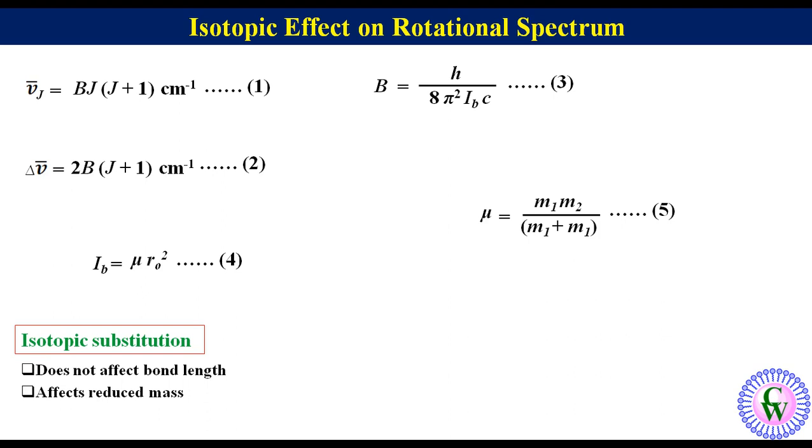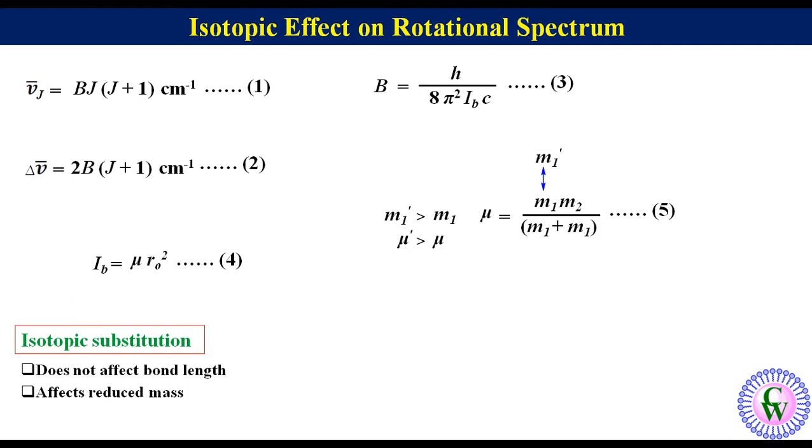Suppose we are replacing one of the two atoms by its isotope, let's say m1 by m1 prime, such that the mass of m1 prime is greater than mass of m1. So from equation number 5, reduced mass mu prime will be greater than mu.